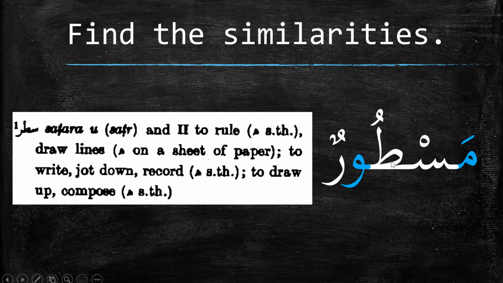So if satara means to write, to jot down, to record, like make a record, to draw up, to compose, then if the action of writing and jotting down happens to something, then it is written. So mastur means written. Again, mastur is not found in the dictionary. This word, you won't find it in the dictionary.